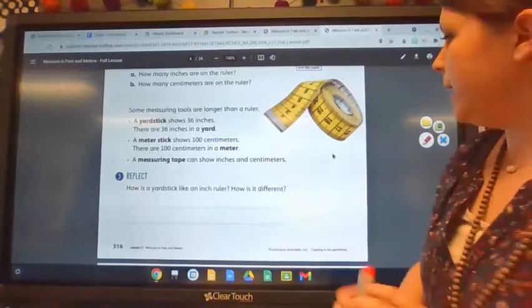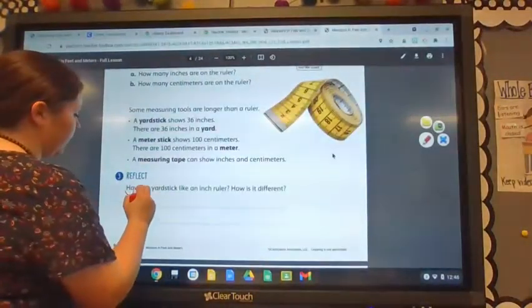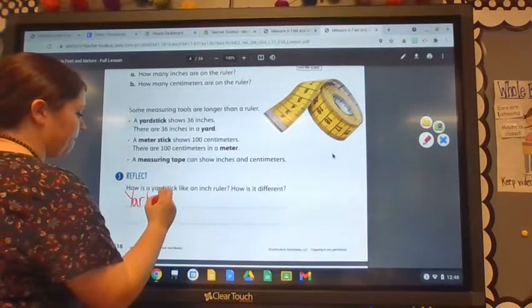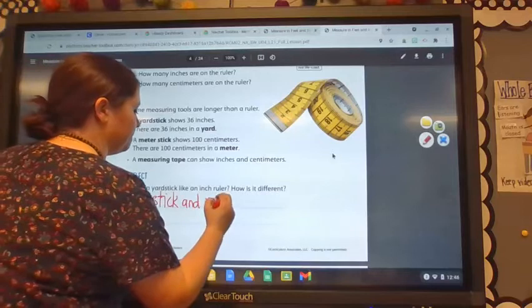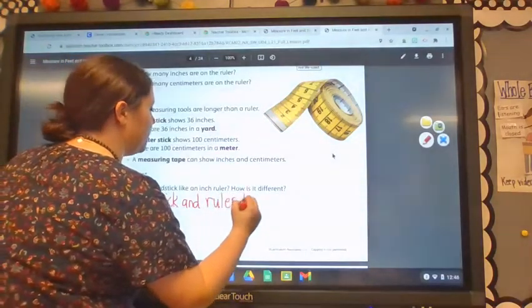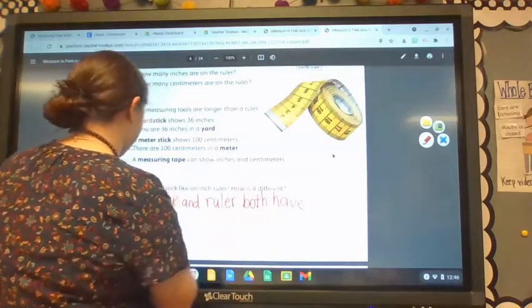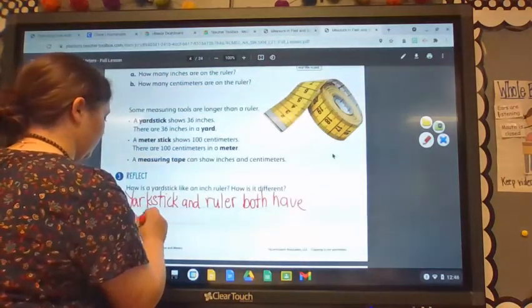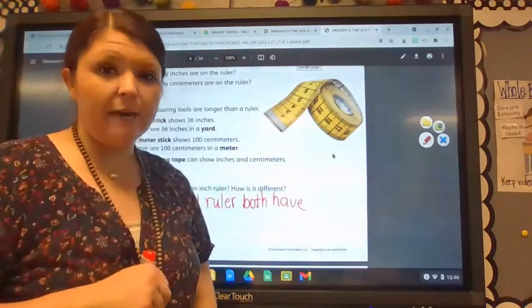All right, so let's go ahead and answer that question together. So a yardstick and a ruler both have inches on it. Okay? All right, so they both have inches.